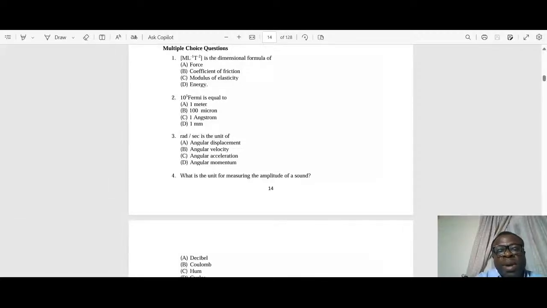If we multiply 10 raised to power 5 by 10 raised to power minus 15, we have 10 raised to power minus 10 meters, which is 1 Angstrom. So the answer is C, not B. Two people say A, one person says B. So the answer is C.